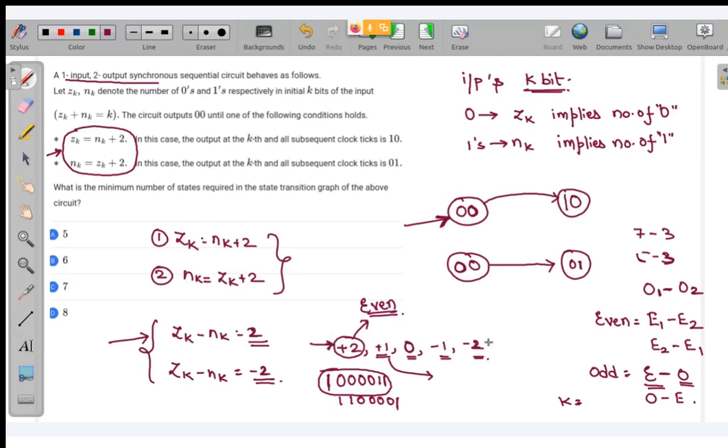This state and this state. These two states have been encoded as 10 and 01. Now either I can encode this by 00, this by 01, and this by 010. So I can encode it like this, or even by 01 only. No, 01 I cannot do, sorry.